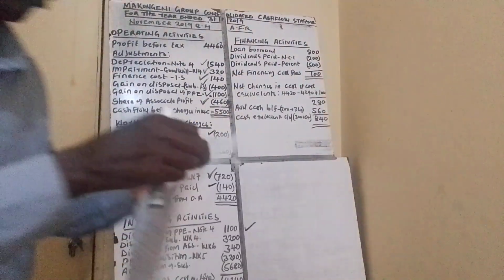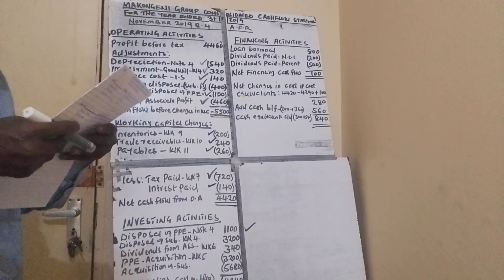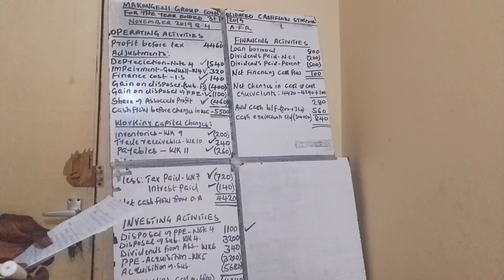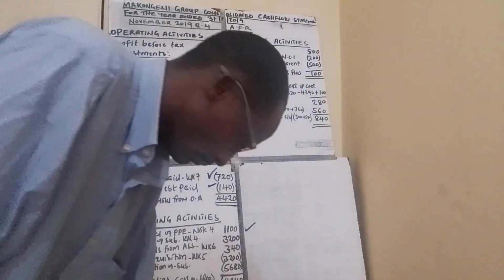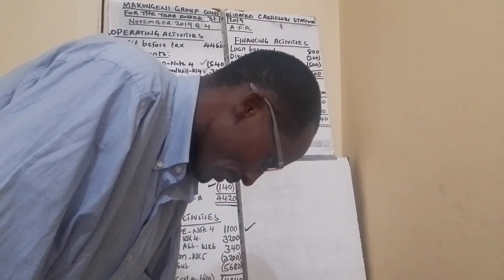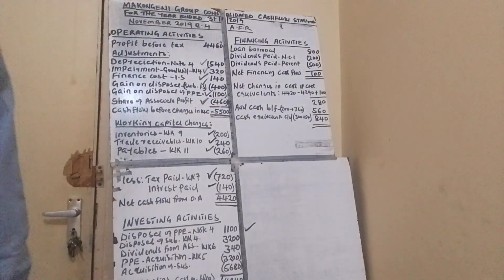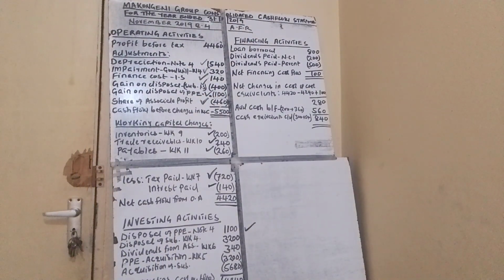When we disposed the subsidiary, we received, I think, 4,400. Disposal of subsidiary. Is that the figure which we received? When we disposed the subsidiary, I think it was note number 4 or working number 4.